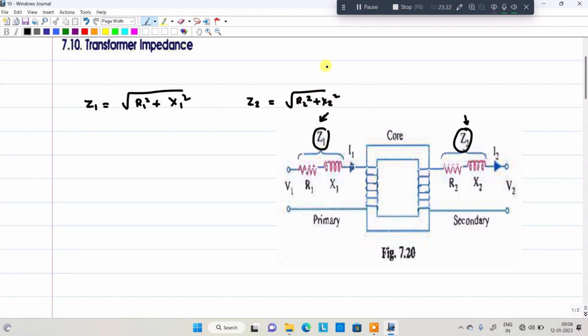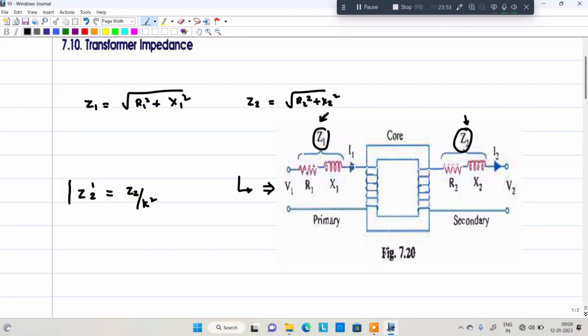Now, if this Z2 is viewed, that means seen from here, referred to the primary side, transferred to the primary side, the formula is Z2 dash is equal to Z2 by K square.